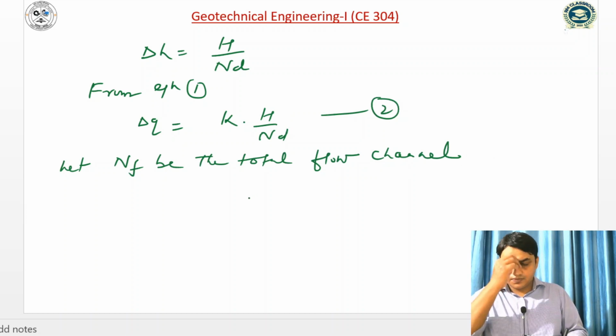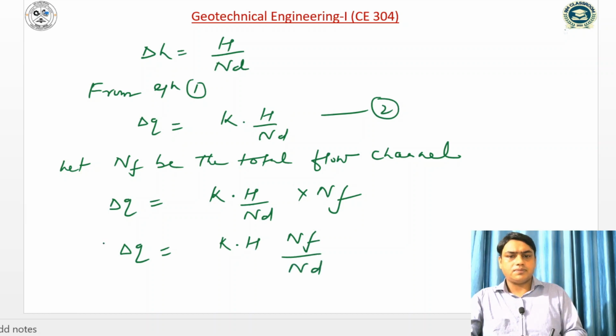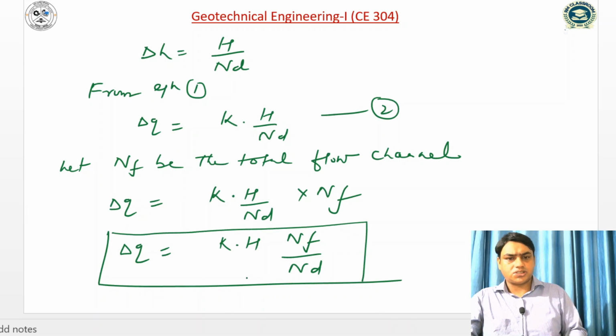So we can write delta Q is equal to K into H by ND into the total flow channels NF. So delta Q can be written as K into H into NF by ND. This is the expression of seepage discharge.